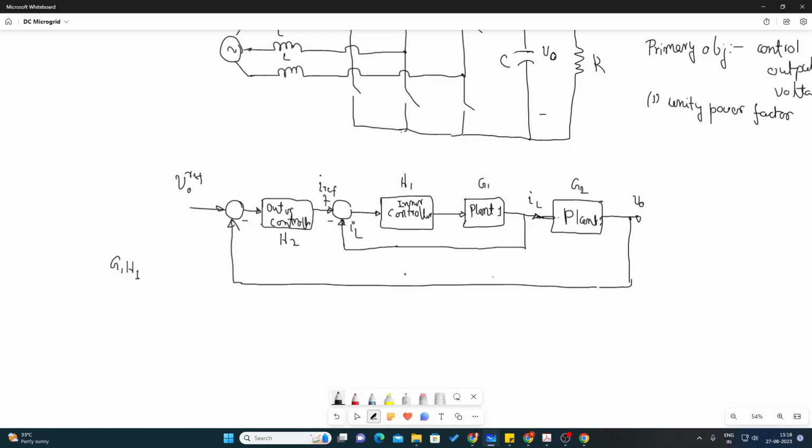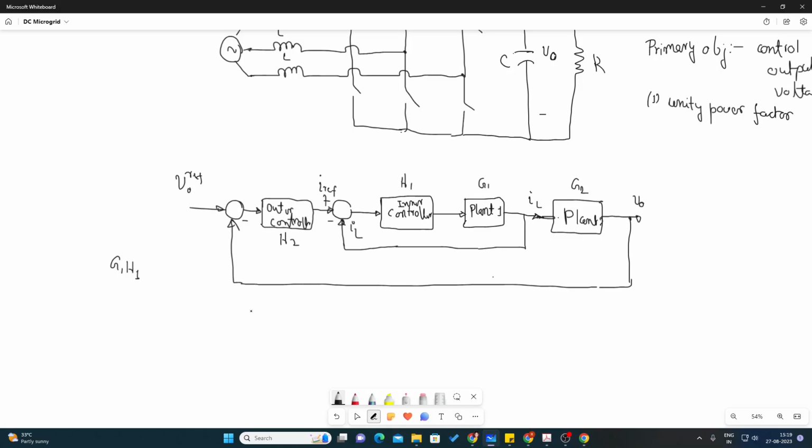It can be different also, there is no issue with that, it can be some constant k. I'm just considering unity DC gain to make you understand.